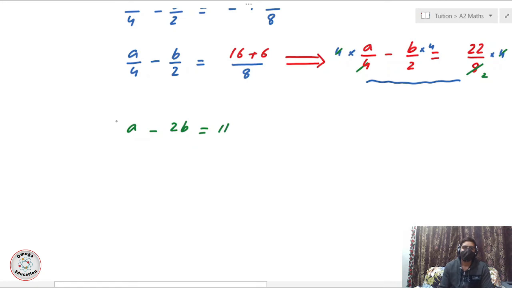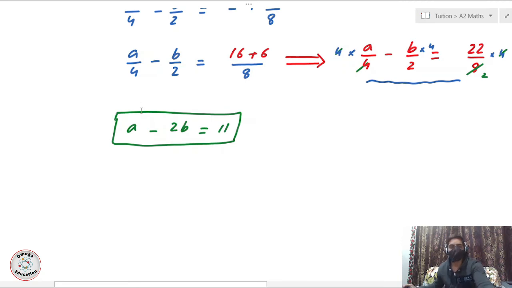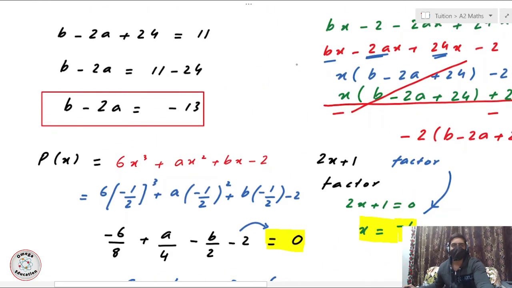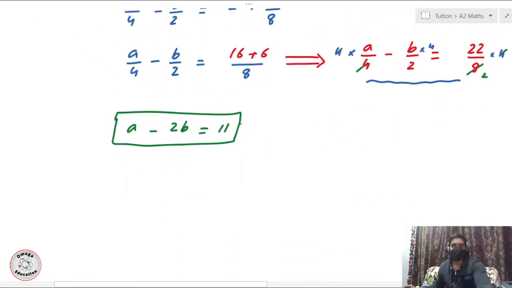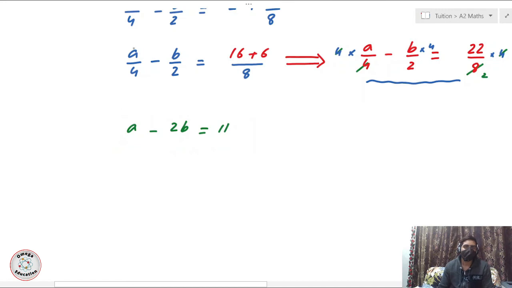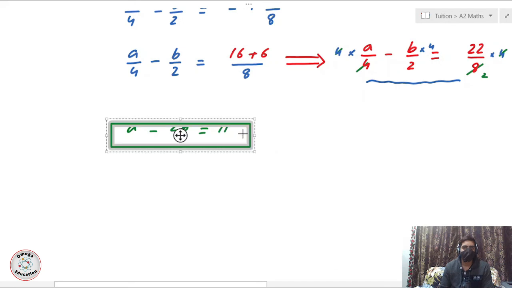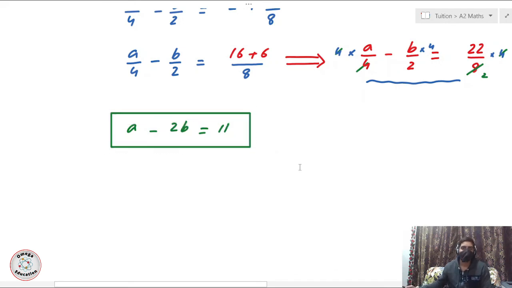So that is the second equation that I have: a minus 2b equals 11. This was the first equation in terms of a and b, and this is the second equation in terms of a and b.